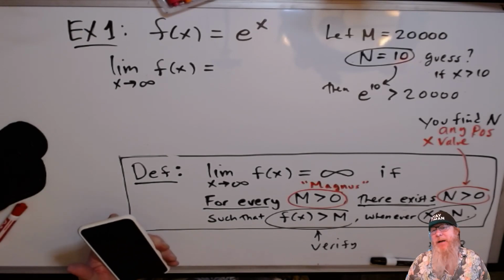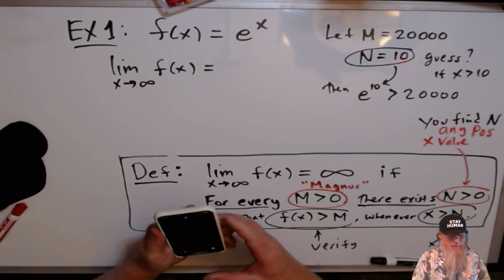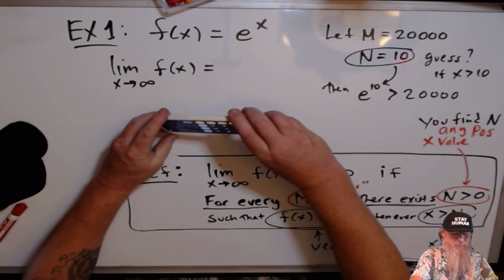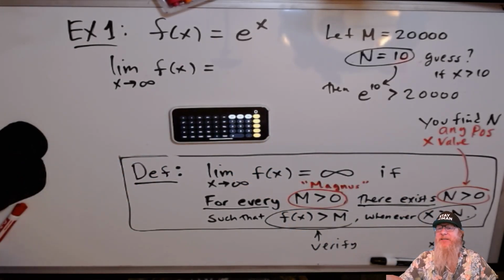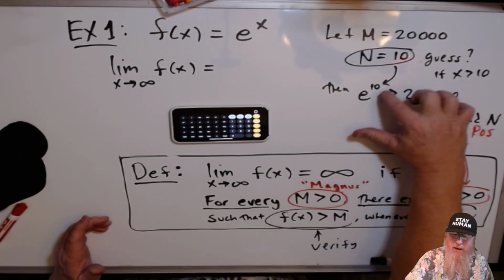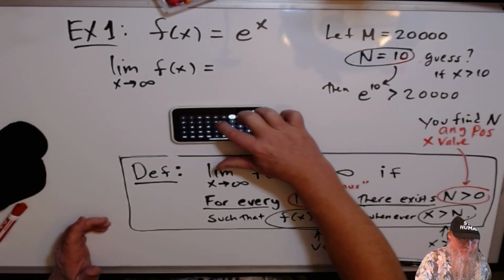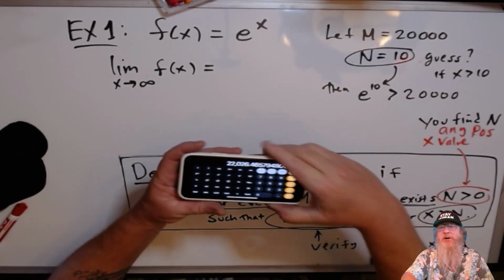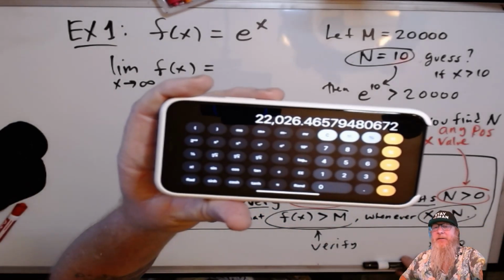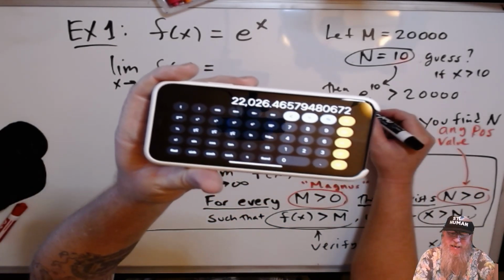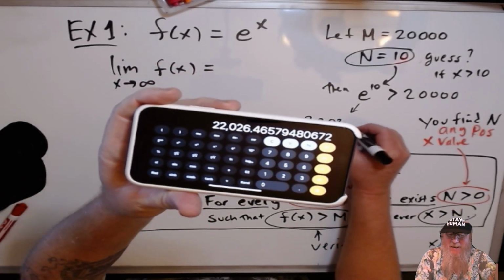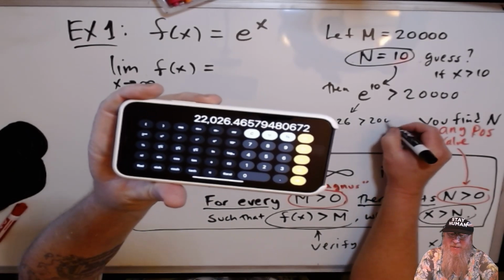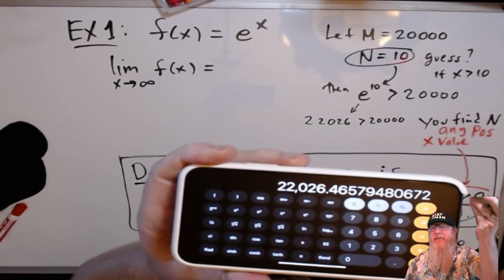It doesn't have to be much bigger if you picked 1,000,000. I don't want to spend too much time on this, but I do want to show you how magnificent this is. So let's do e to the 10. And sure enough, e to the 10 is 22,026, which is definitely greater than 20,000.